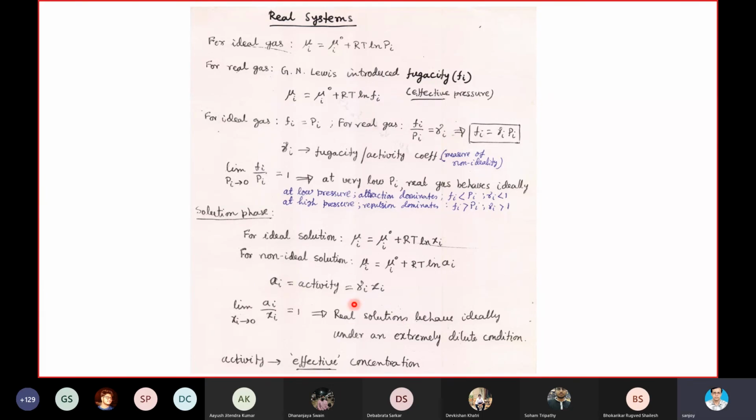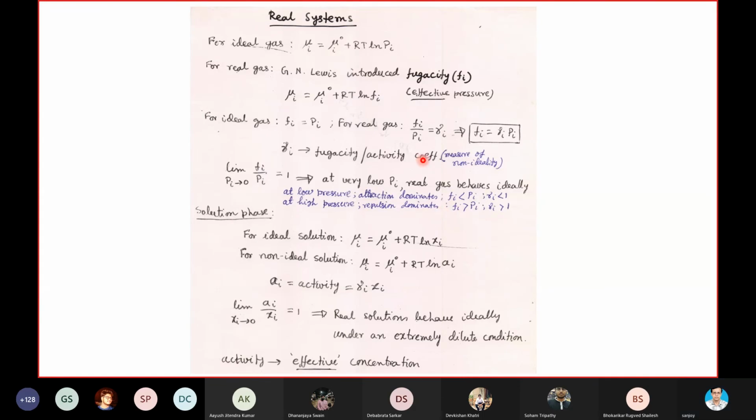Otherwise, depending on the gamma, you will know whether your effective concentration or activity is greater than the true concentration or less than the true concentration. This expression is maintained in a similar manner, and one studies real solutions in a similar way.